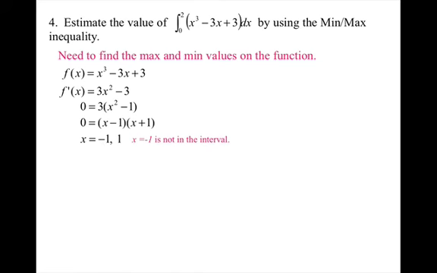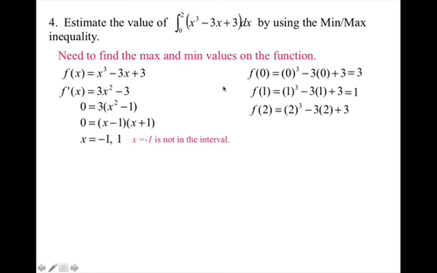And since I want absolute min and max, I have to determine which of x equals 1 and my endpoints 0 and 2 give me the largest y and the smallest y. So I'm going to first test 0. I plug 0 into the original function to get 3. Then I test 1 to get 1.